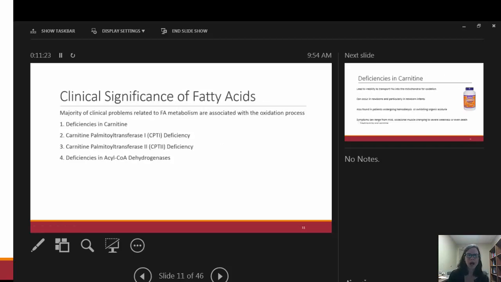Okay, so many of the problems that we see in fatty acid metabolism are associated with deficiencies in some of these substrates or enzymes that are needed for the oxidation process. The most common is a deficiency in carnitine. We may also see deficiencies in the CPT1 or CPT2 enzymes, as well as in the acyl-CoA dehydrogenase enzymes.